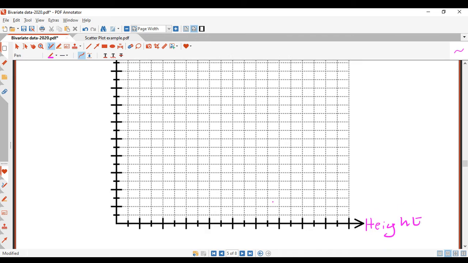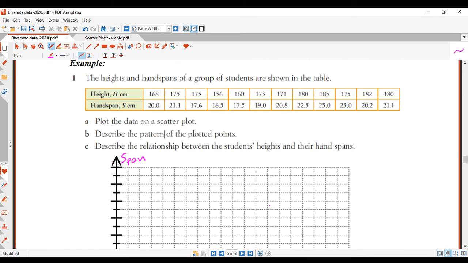Okay, now you've got to decide which numbers go where and where you're going to start. So let's have a look at the numbers here, and also I'm just going to label this X and this Y. So the Y variable is the dependent variable and the X is the independent. That'll help you when you're plotting your points. Now you can see here that 156 is the smallest for the height and 185 is the biggest.